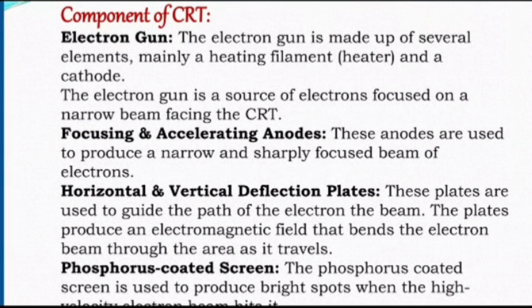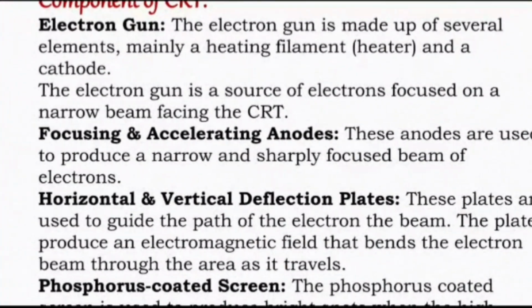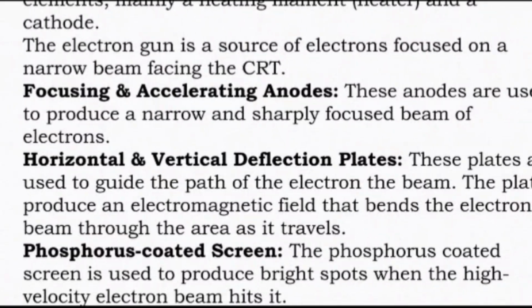And once it is focused, the beam is narrowed, and we have the horizontal and vertical deflection plates. These plates help to guide the path of the electron beam. So the electrons generated from the electron gun pass inside the tube, and the accelerating anodes regulate it, make it into a narrow line, and the horizontal and vertical deflection plates move the electrons in the vertical and horizontal directions in order to create more energy.